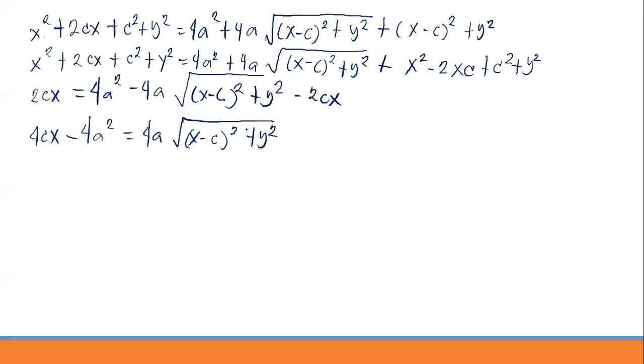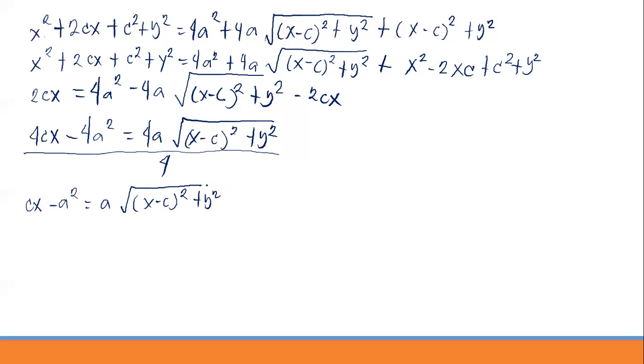Then divide by 4. Ayan, so divide natin yan ng 4. This is equal to cx minus a squared equals a. Okay, so tanggal na tayo ng 4. Square root of x minus c squared plus y squared. Okay?